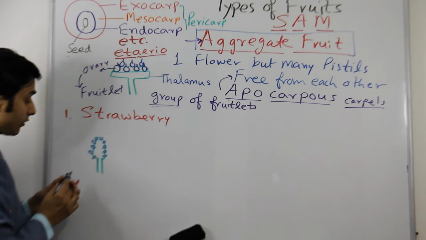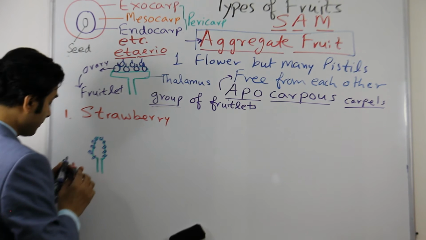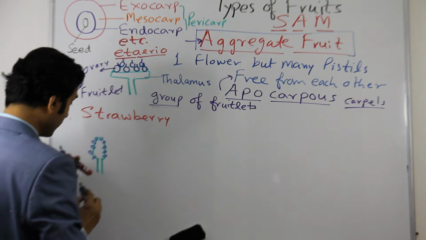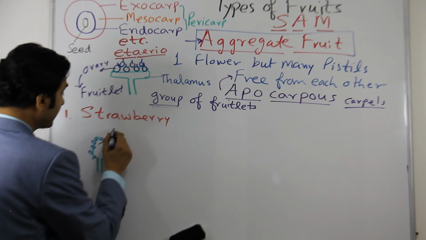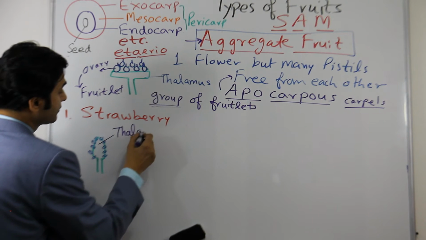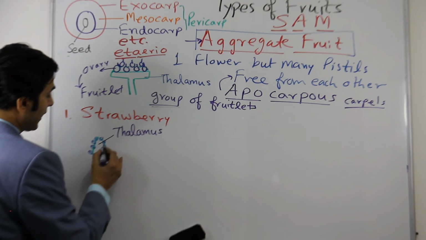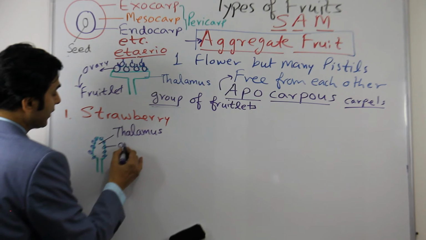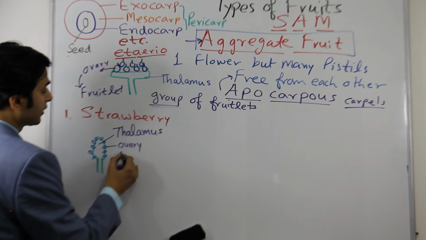Now what happens in the process of fruit development? This part which you are looking at, this one, is a thalamus, and this one which you are looking at is an ovary or a pistil.